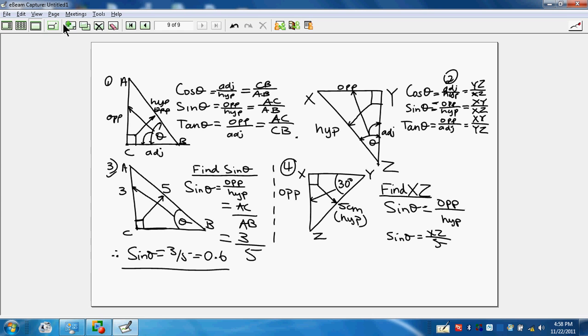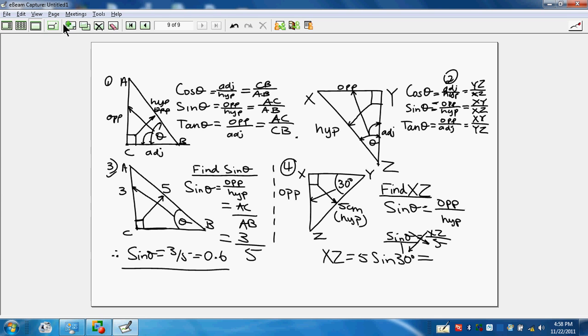So if we cross multiply, by first of all putting sine theta over 1, XZ multiplied by 1 must be equal to sine theta multiplied by 5. So XZ by 1, which is XZ, is equal to 5 sine theta. But in this case, theta is 30 degrees, so we'll put that in there now. So XZ is 5 multiplied by sine 30.